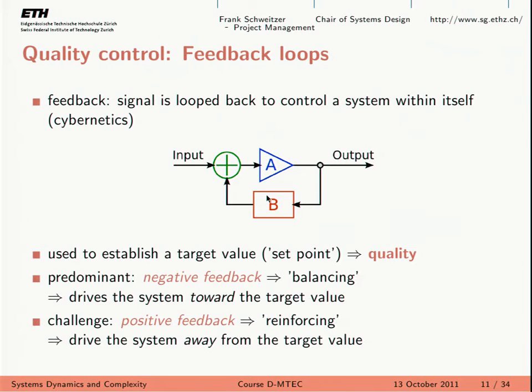So I told you about the feedback loops, what the feedback loop actually is. In our course, in judging how this kind of going back and fixing attitude affects your system, we will distinguish between negative feedback loops and positive feedback loops.